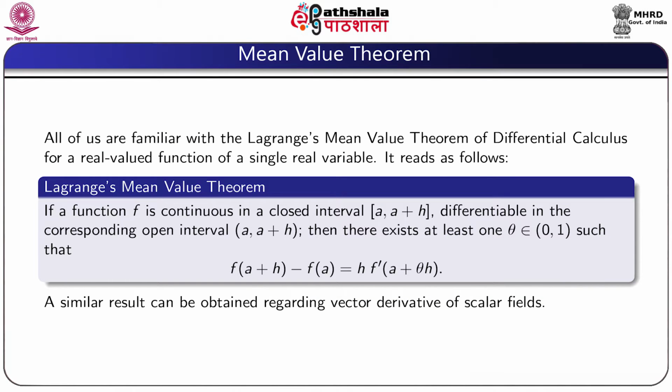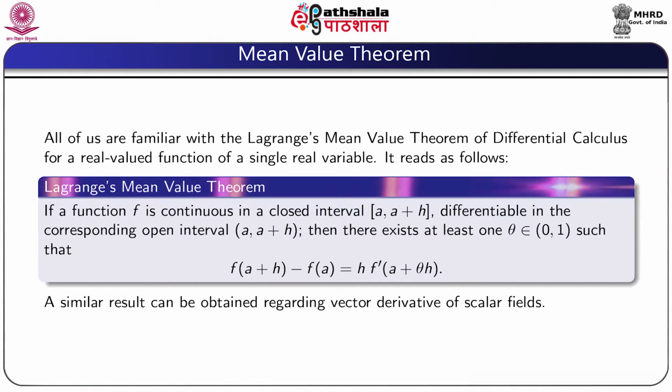Now we are going to study mean value theorem for scalar fields. All of us are familiar with the Lagrange's mean value theorem of differential calculus for a real valued function of a single real variable. Let us recall it.